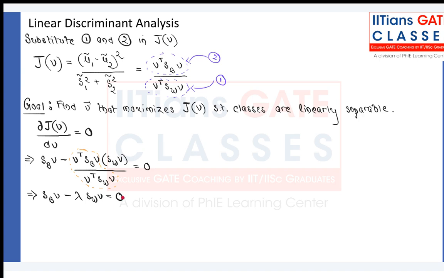And then I can equate it: SB v is equal to lambda SW v. And let's bring SW to this side. I can write this as SW inverse SB v is equal to lambda v.